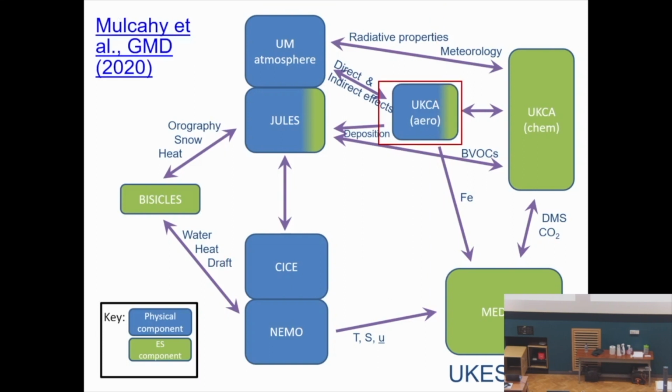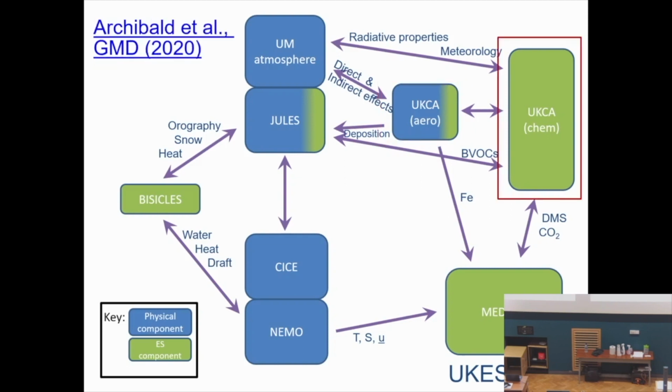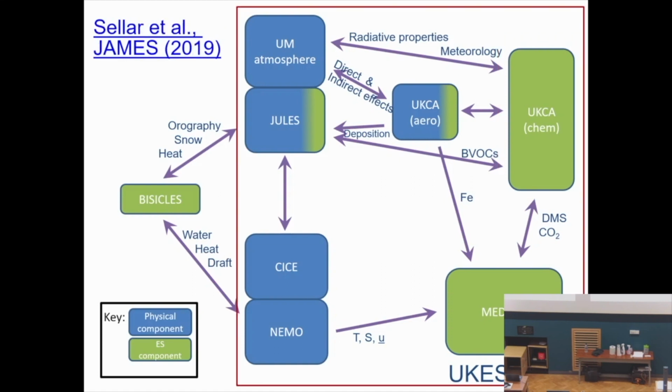The aerosol component has been published in a paper by Jane Mulcahy, published in 2020. And the interactive chemistry was published in a paper by Alex Archibald and others, and I know he presented to you yesterday on the chemistry. And the full Earth system itself is in a paper published by Alistair Sellar in JAMES in 2019.